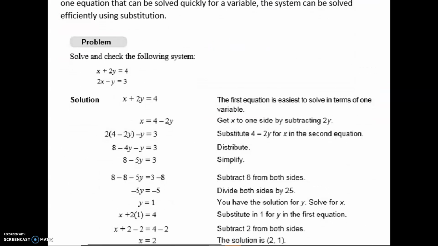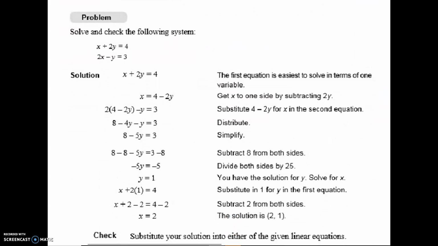Here is an example where we solve a system, and what we see here are two equations, and what we want to do is look to see if there is an equation that can easily be solved for either x or y.